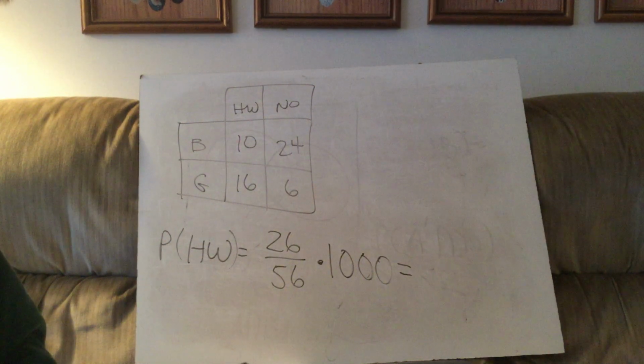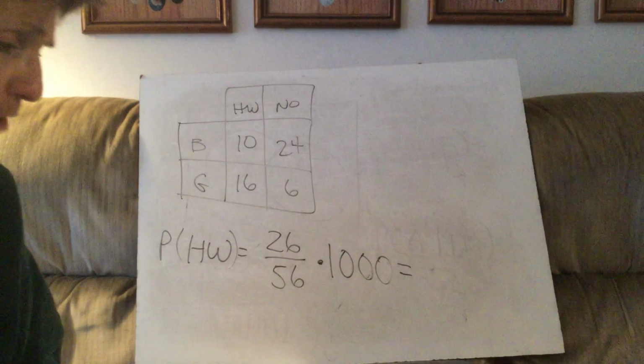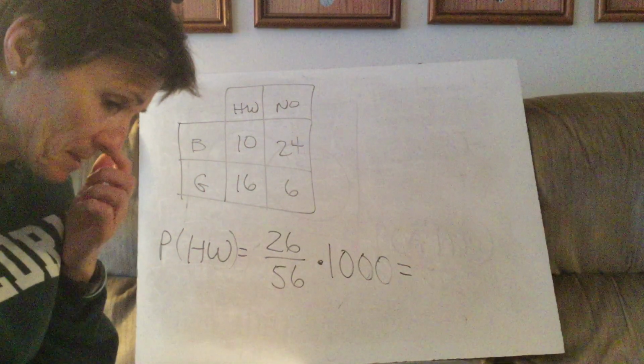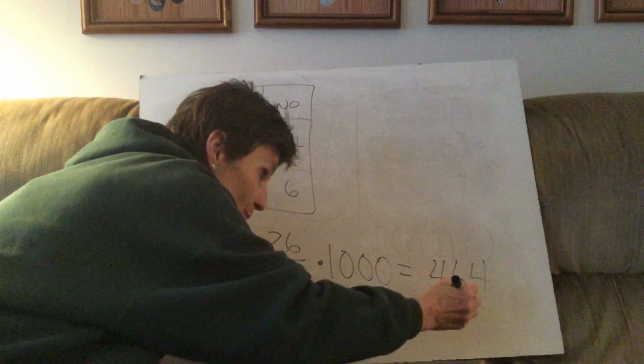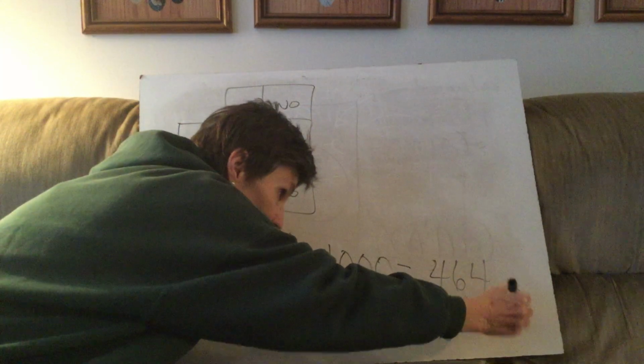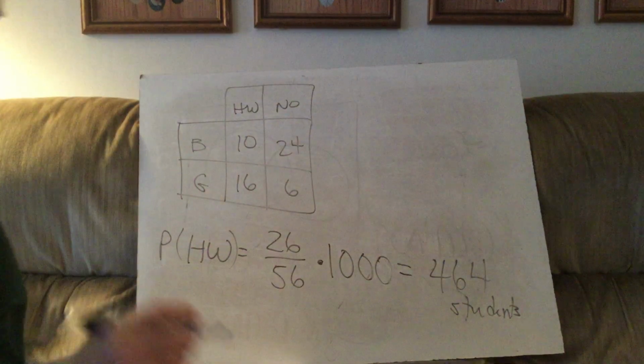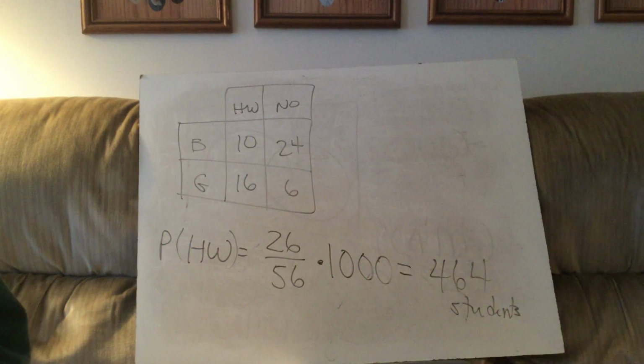So 26 divided by 56 times 1,000. These are people, so we'll round it off to the nearest person. So it's 464 students will be expected to do their homework.